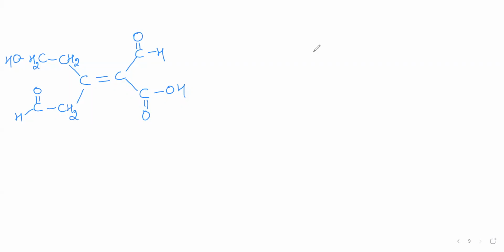Okay, how did you get Z? Which one did you give higher priority? Carboxylic acid and aldehyde. Yes, COH, higher priority, lower priority. Which will get a higher priority here?